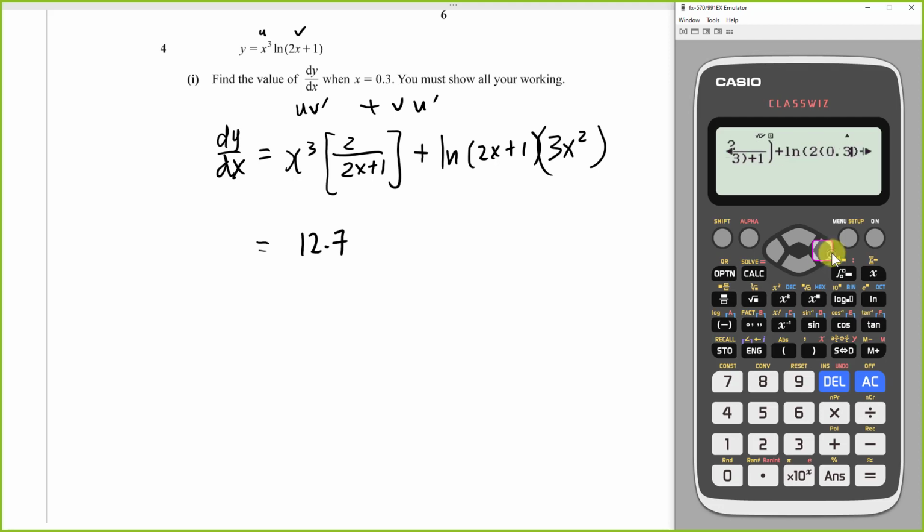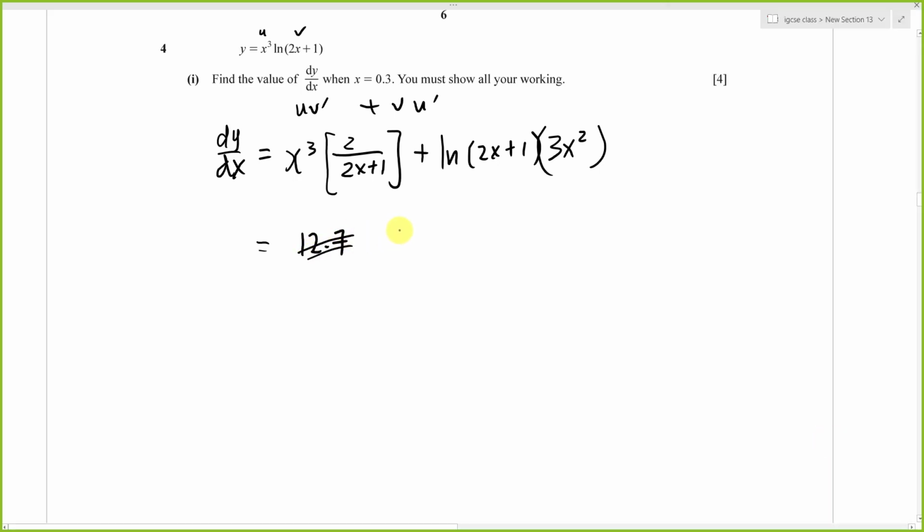Plus ln 2x plus 1, okay. And then multiply 3x squared. Oh, this is 0.3, maybe because of the decimal, so big difference. Oh yeah, really, one decimal makes a big difference. Yeah, it's 0.161. So make sure when you type the calculator, you must type carefully in order to get the correct answer.